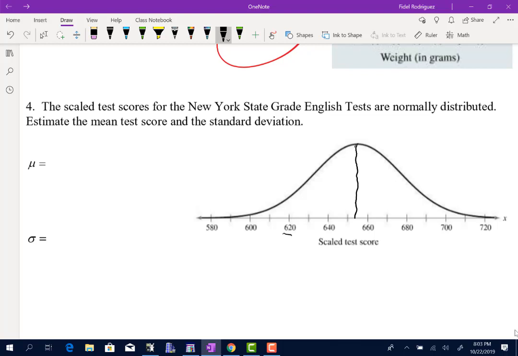This is 620, right? What number would this one be? 630, 640. This one would be 650. This is 660, or I'm sorry, 660. Couldn't we say this number here, I don't know, 655? That seem good? Okay, so let's go like this, 655, right?